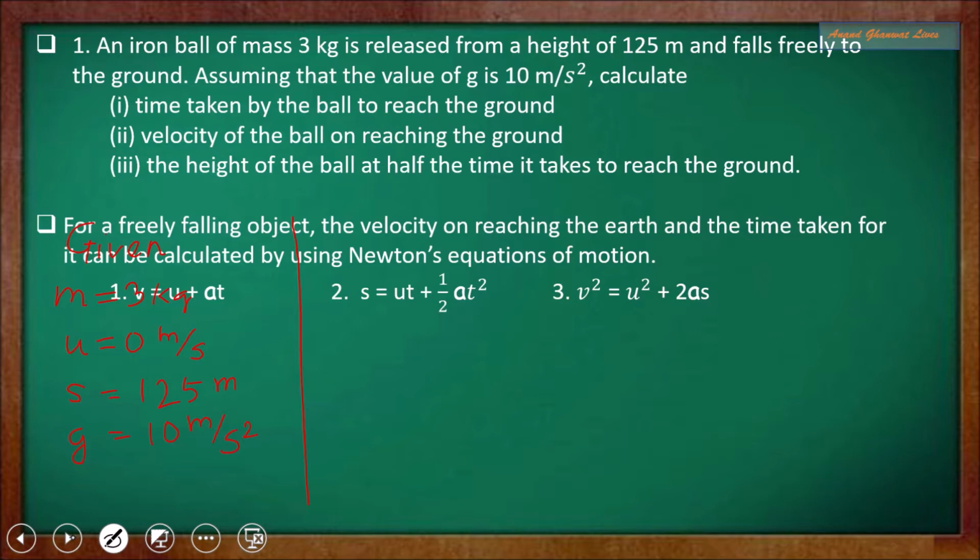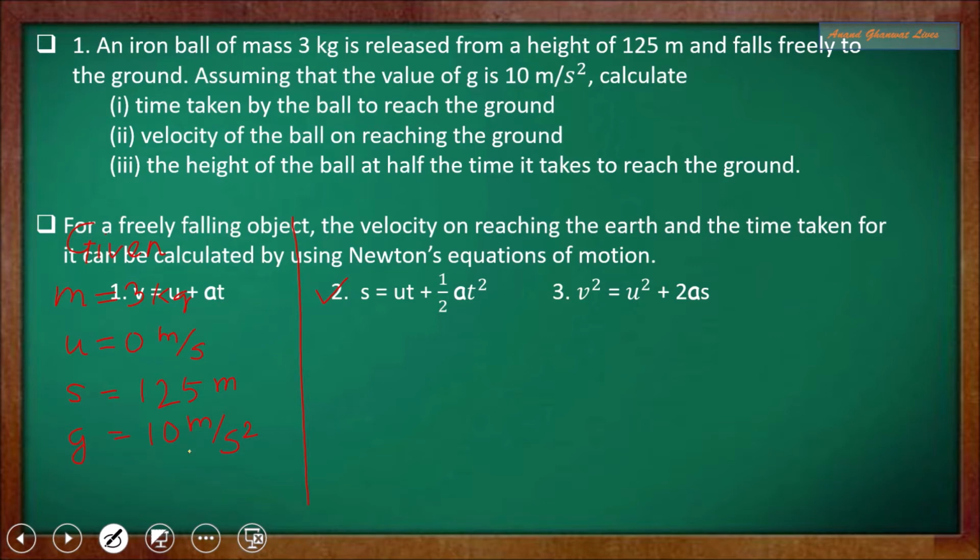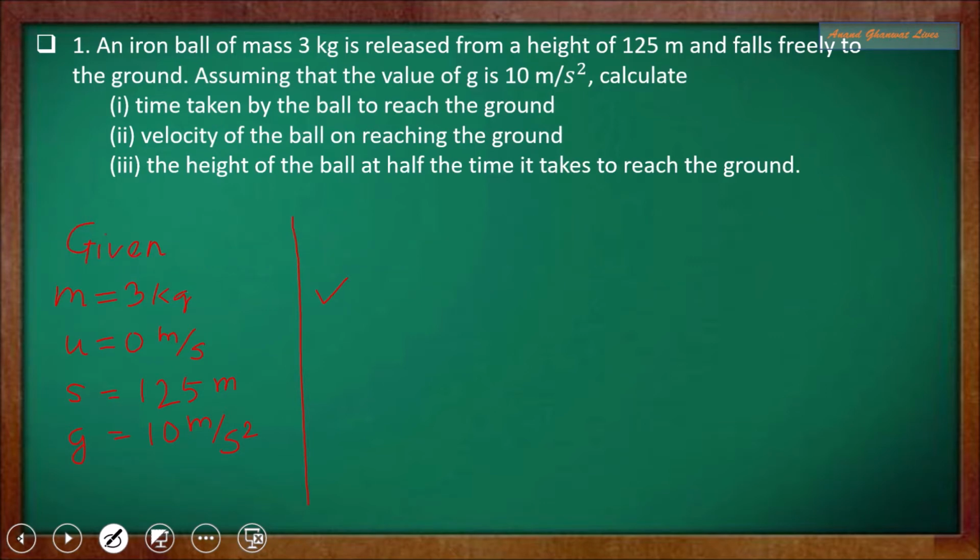So in the second equation we have only one unknown, that is t. We know the value of s, we know the value of initial velocity, we know a, means acceleration due to gravity, and we have to find t. So let us choose that equation, which is the second equation of motion.